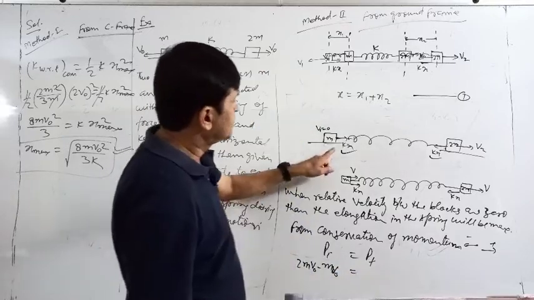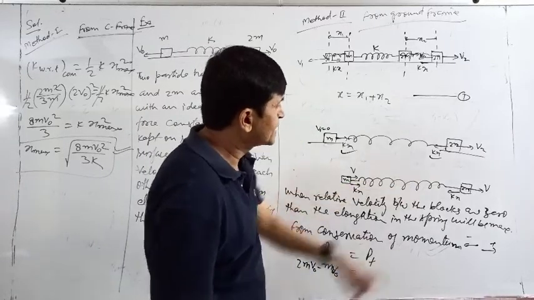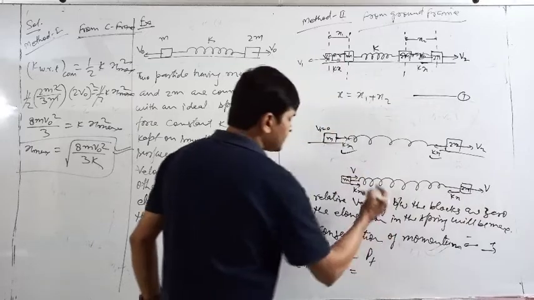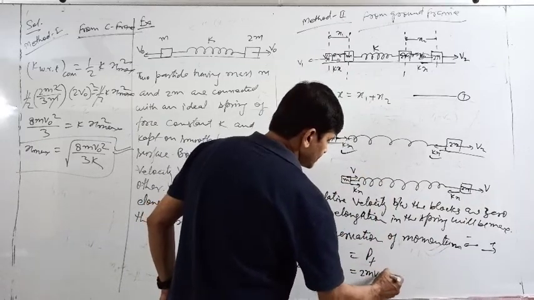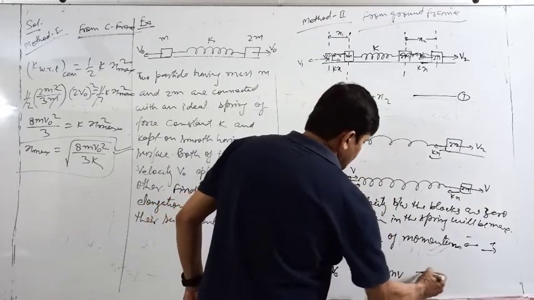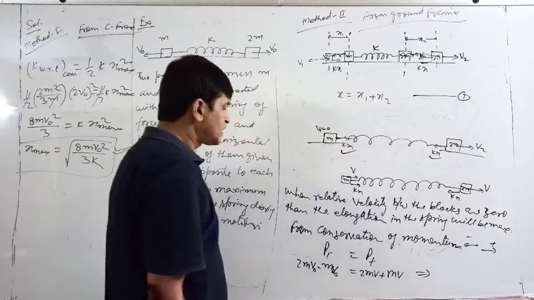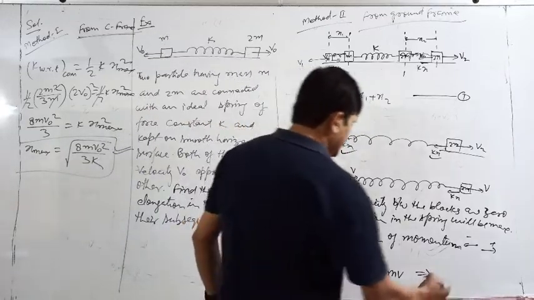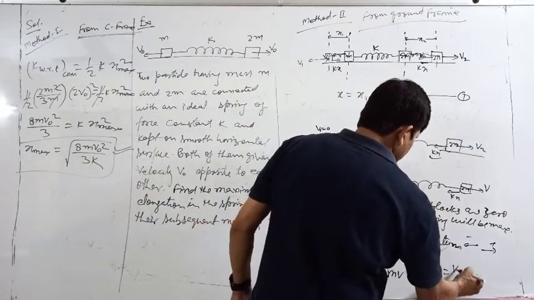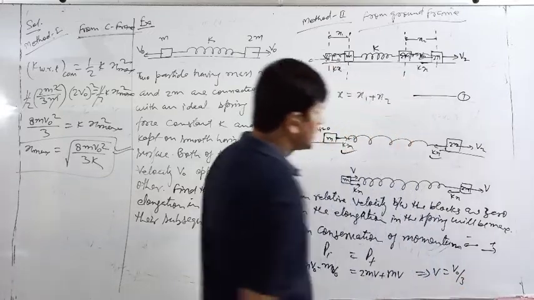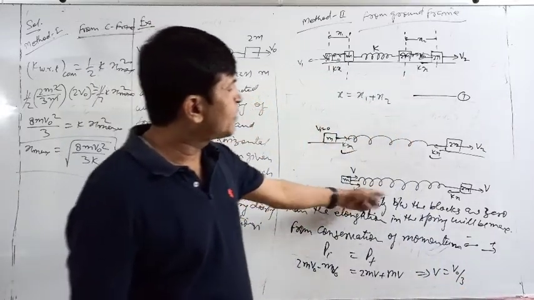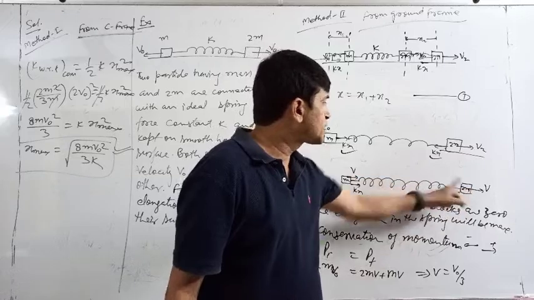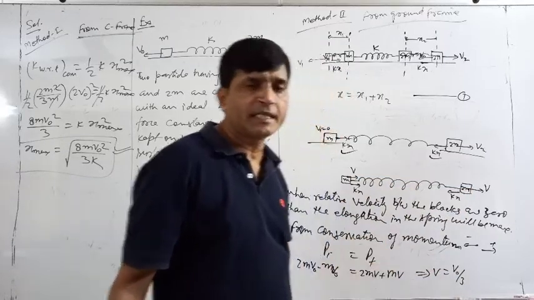And finally, both are in the same direction, so 2mv plus mv. From here you will get v equal to v naught by 3. It means that at the time of maximum elongation, the velocity of both blocks is v naught by 3.